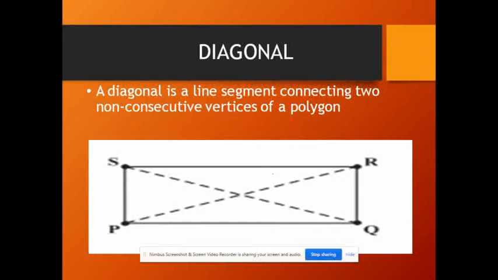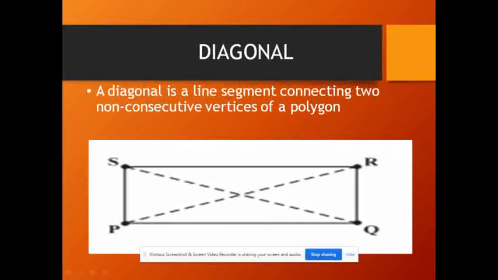Diagonal. A diagonal is a line segment connecting two non-consecutive vertices of a polygon. In other words, a diagonal is a line segment which connects opposite vertices of a closed figure. Here, look at this diagram.